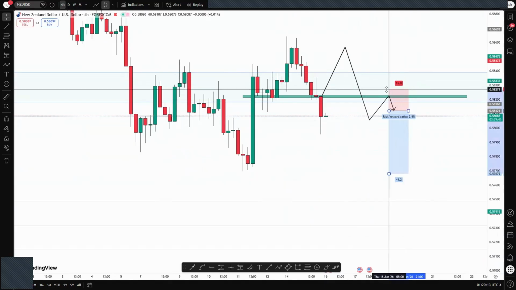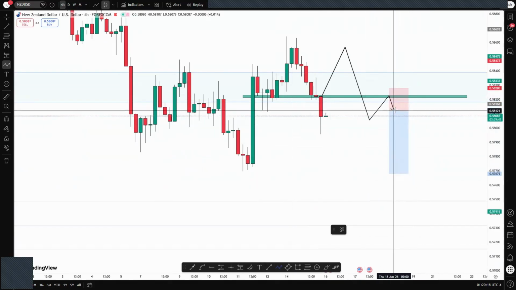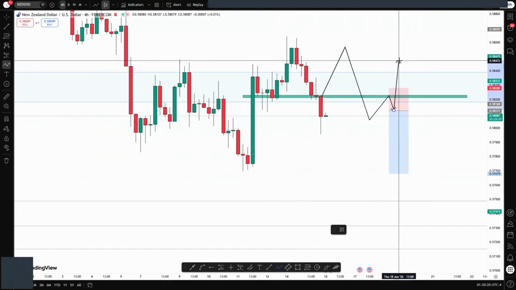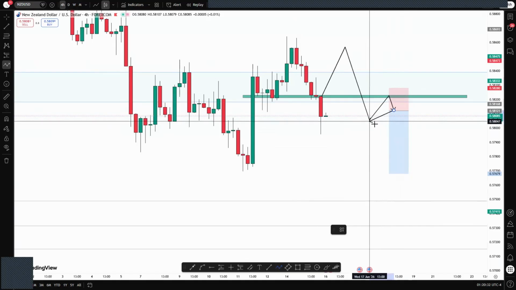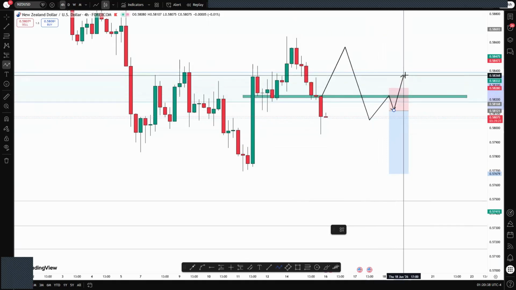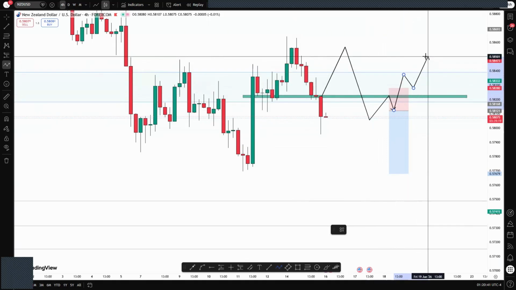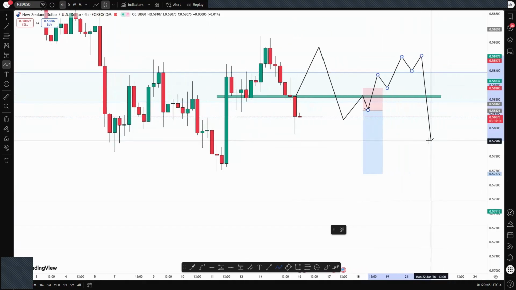If I enter my sell here and price decides to go up, I've just been stopped out, but price is still bearish. You see? How? Because it hasn't taken out this lower low with this engulfing. So price can come back here, can do all these things here, and if it wants, can then drop.